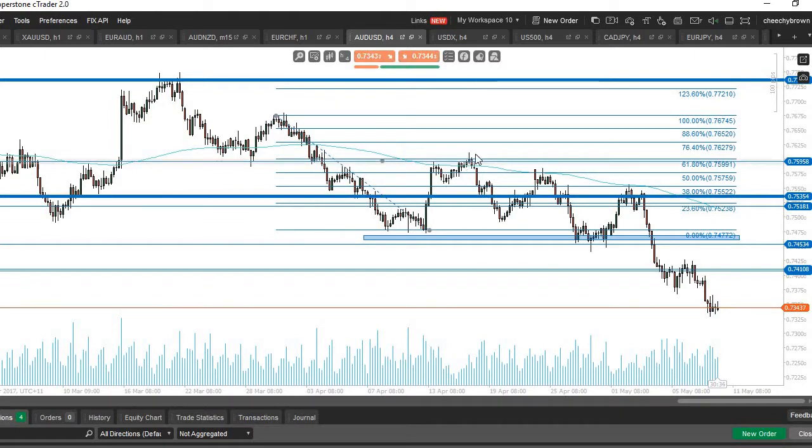Prices move back to the 61.8, which is also coinciding with the 4-hour 200 EMA, which is the only indicator that I use, just a trend guide. You'll also get a lot of times when price will bounce off this level, as you can see here, 3 times. So that's telling me that that 200 EMA is holding quite strong.